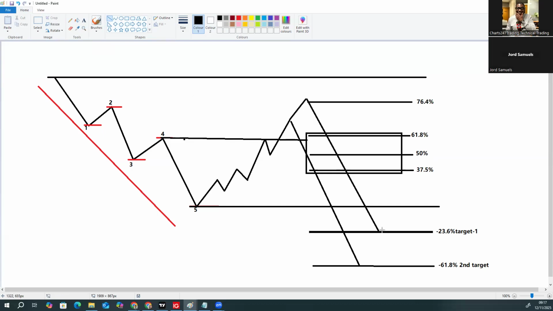This T1 is very powerful because the banks, the algorithms, they use this area for a reversal. The example is very clear on the Canadian dollar Japanese yen. I did a video on it yesterday. We exited the trade. You can watch the video on my YouTube. We exited the trade at the T1 and the price reversed. So I'm going to show you that example now.